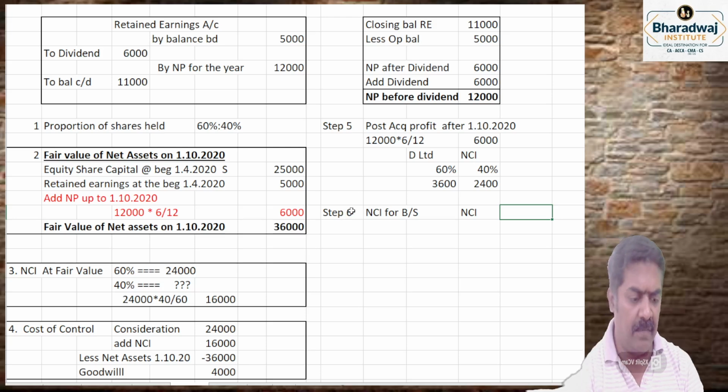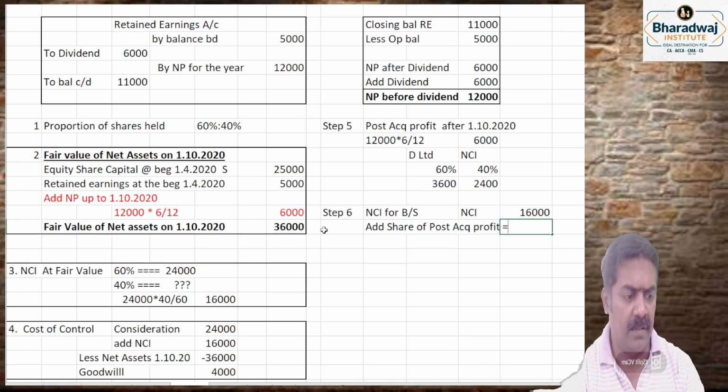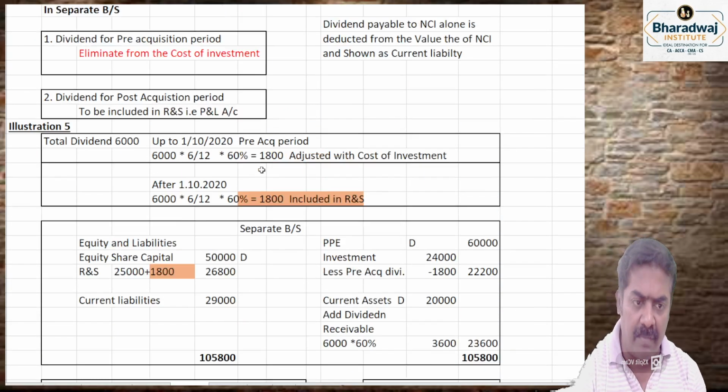What was the initial value of NCA? 16,000. And the share of post-acquisition profit? 2,400. Don't forget, now only you have taken up the notes.